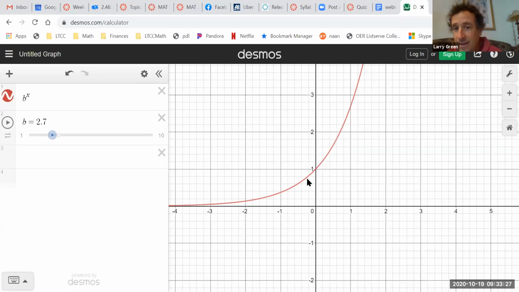Do you see that? It's not perfect, but it's not that far from 1. Any questions on that? It turns out that yes, there is an answer to does a slope become 1, but that number is not a nice, easy to write down number.